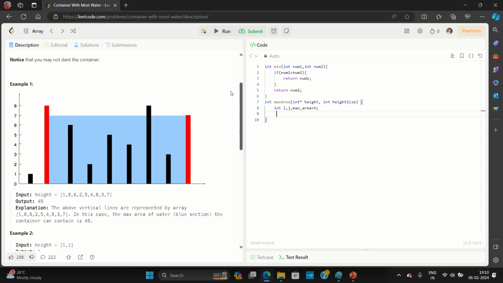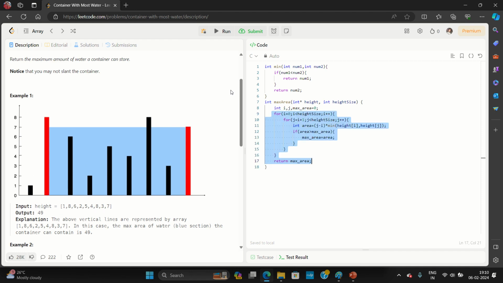Why approximately? Because if you look at this loop, when i increases, j starts from there after that. So it is not exactly big O of n square, not exactly height size into height size.